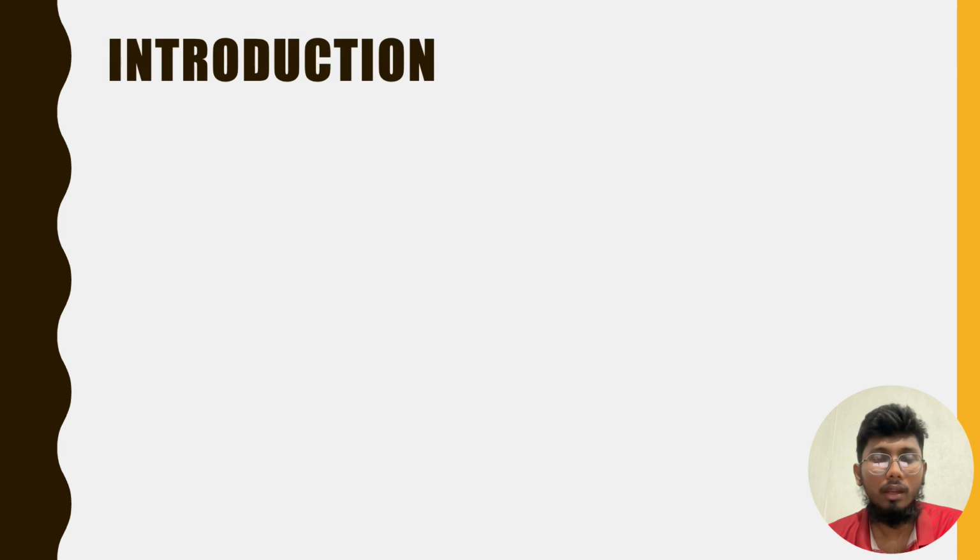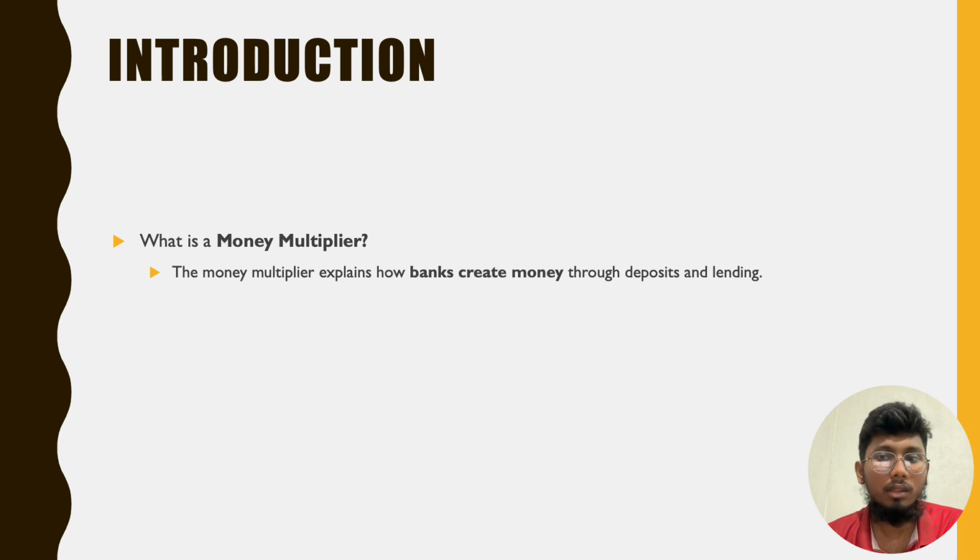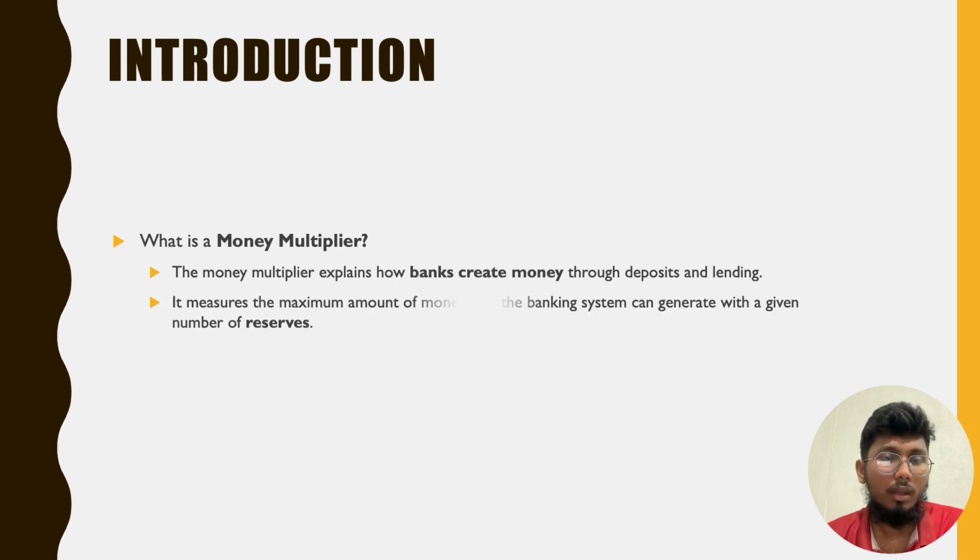So at first we will be introduced to money multipliers. First, what exactly is the money multiplier? The money multiplier explains how banks create money through deposits and lending, and it also measures the maximum amount of money that the banking system can generate with a given number of reserves.